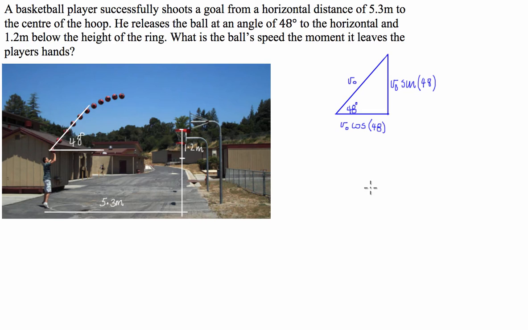Cool. So the trick with this question is to figure out how we're going to relate all of the parts. Hopefully you know that in projectile motion questions, the horizontal component of the projectile's velocity is fixed. If you ignore air resistance, the horizontal velocity never changes.